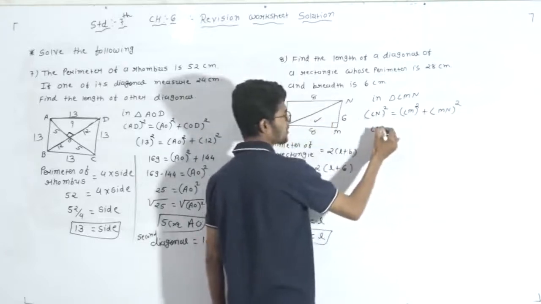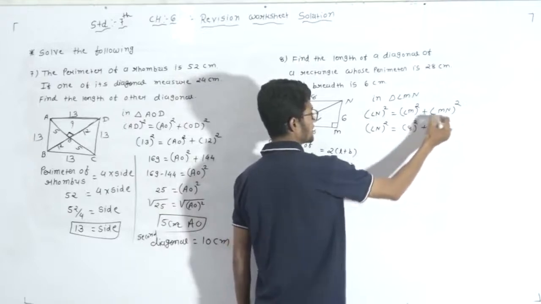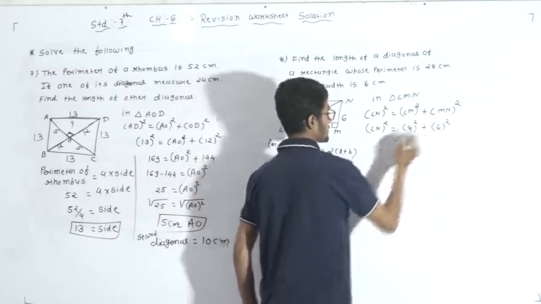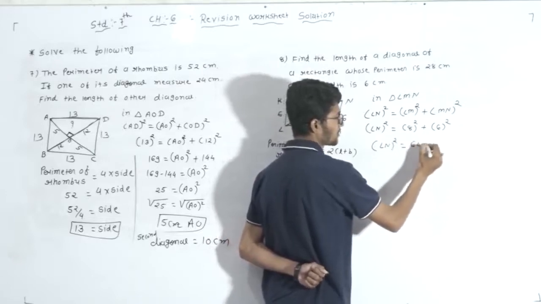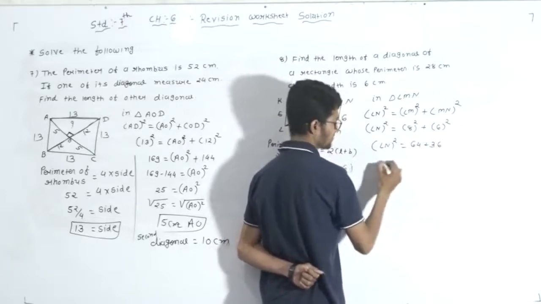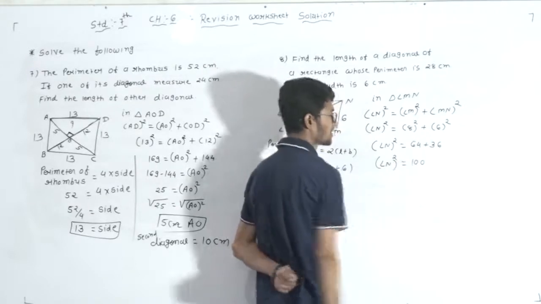LN is not given, so this one is as it is. LM is given, it means 8 square. MN is given, it means 6 square. LN square is equal to 8 square 64, 6 square 36. LN square is 64 plus 36, which is 100.